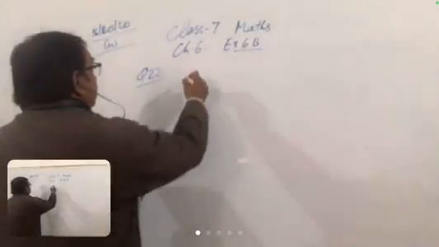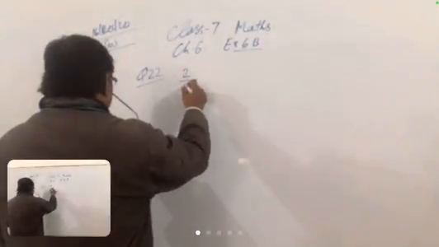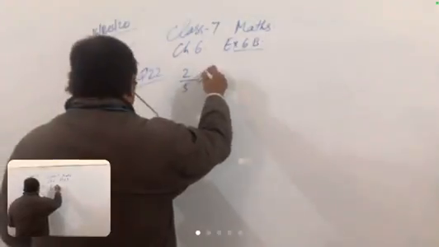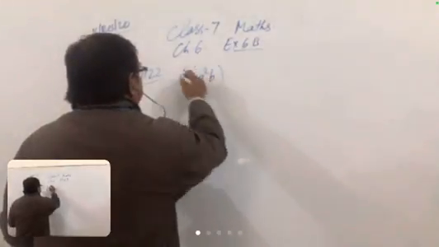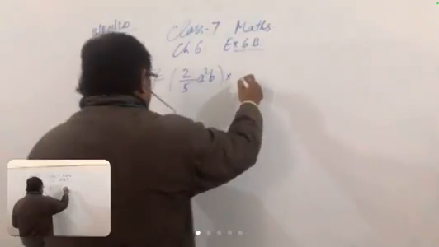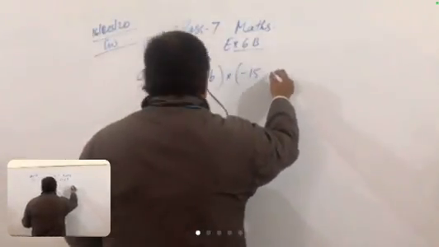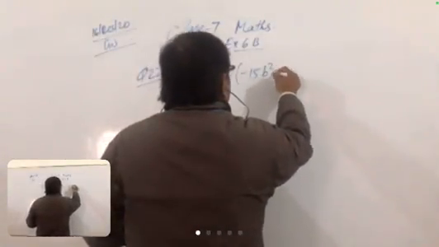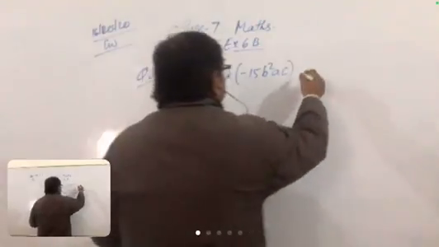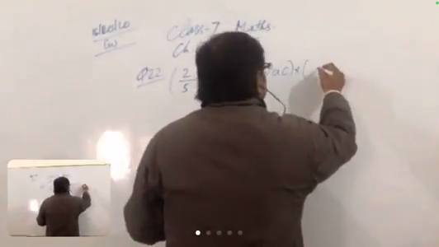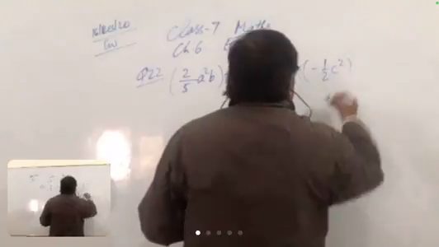Question 22: 2 by 5 a to the power 2 b, multiplied by minus 15 b square ac, multiplied by minus 1 by 2 c square.